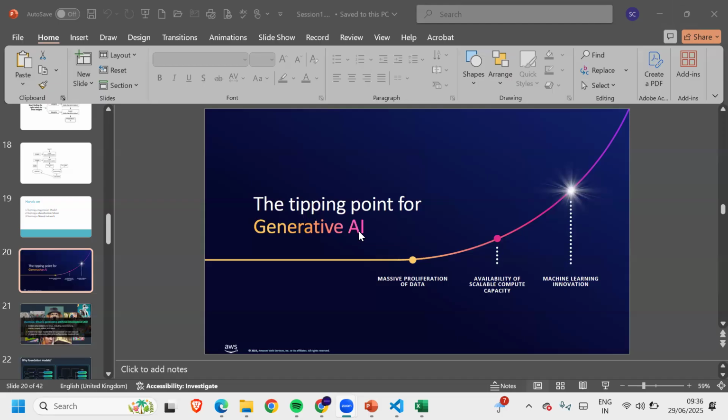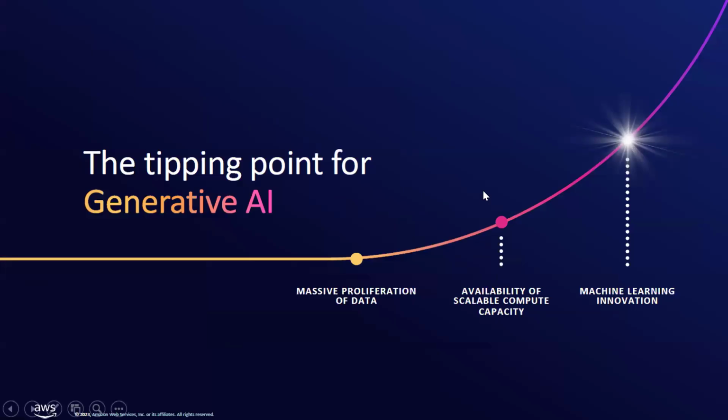So let's discuss why all of a sudden we have been talking about generative AI. What are the reasons why this has become possible? A couple of reasons. For example, there is a massive amount of data being produced.